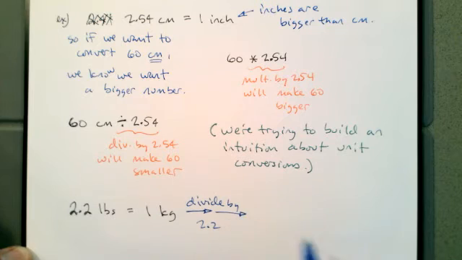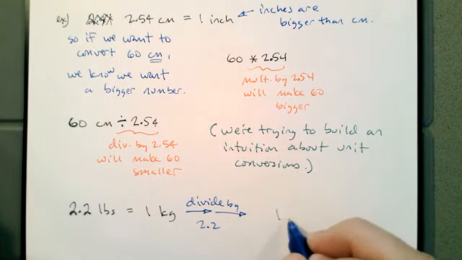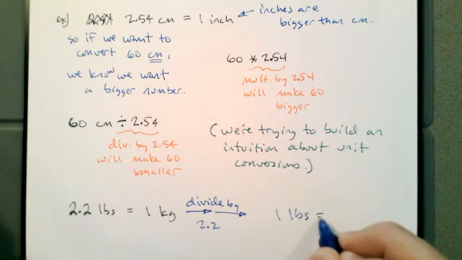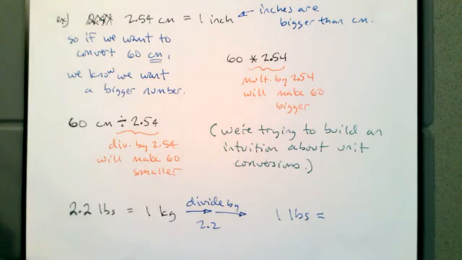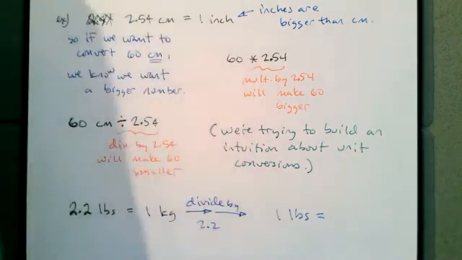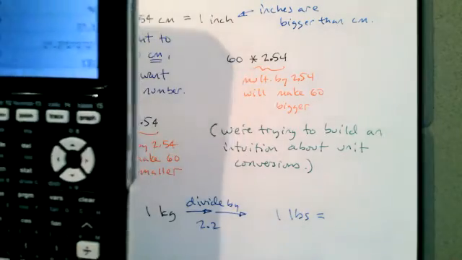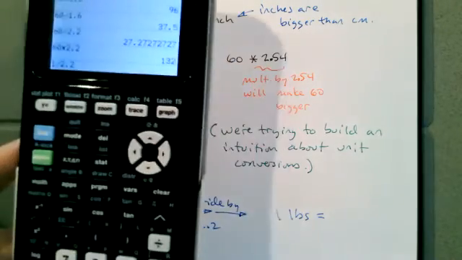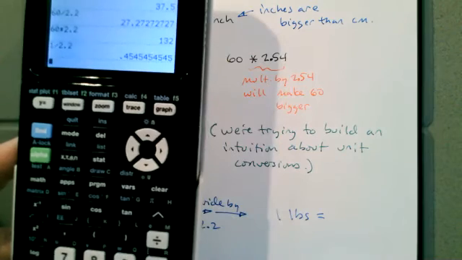I need a longer arrow, so I need 2 arrows. If I divide both sides by 2.2, I can find 1 pound. I can find out how many kilograms there are in 1 pound. So I'll take the 1 and divide it by 2.2. I'll take the 2.2 and flip it over.